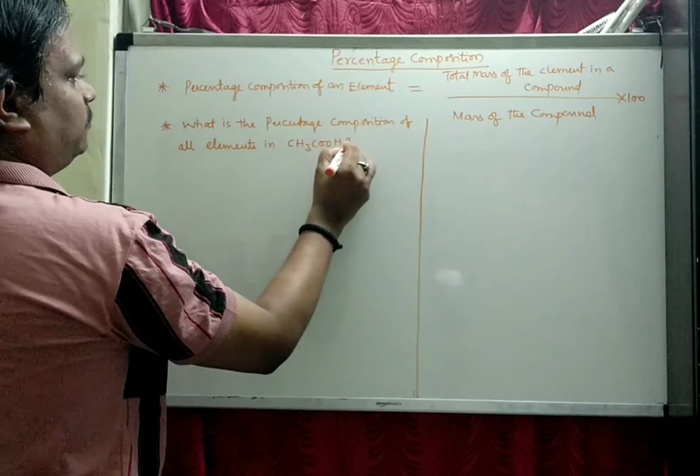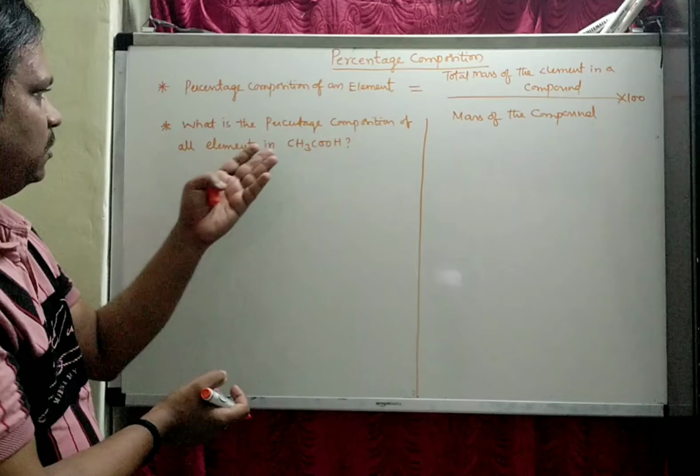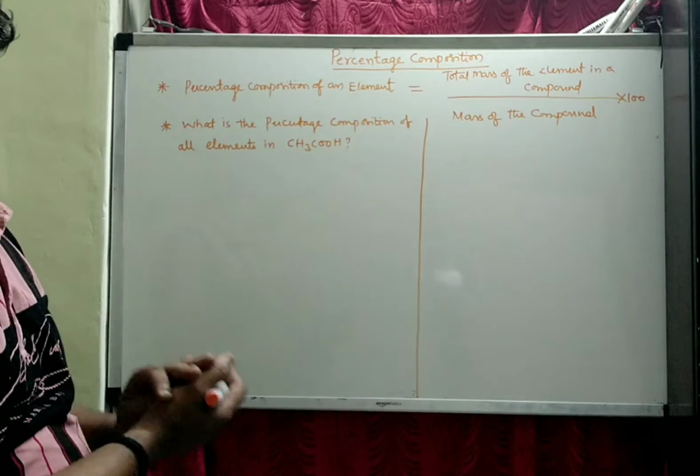Simple question. How are we going to calculate the percentage composition of all the elements present in CH3COOH?